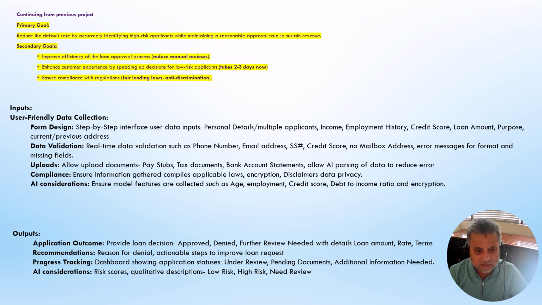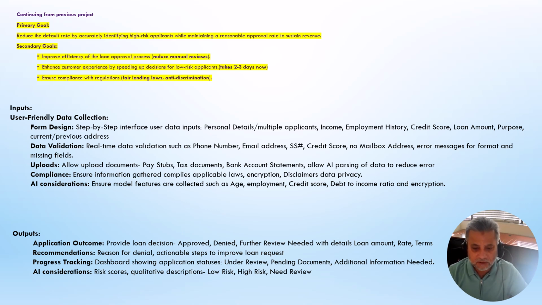There are other goals: we want to reduce the manual review and the turnaround time also. I want to change it to 2 to 3 days now, and ensure compliance with regulations like fair lending laws and any anti-discrimination laws that we have to comply with.